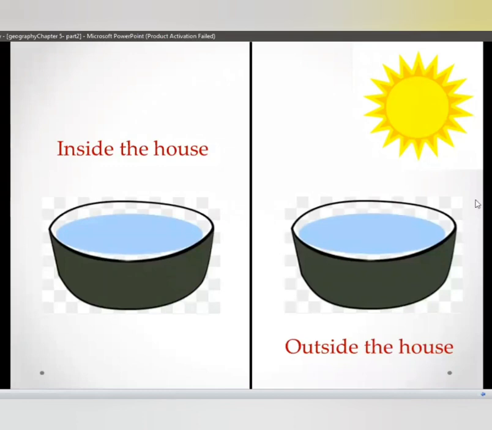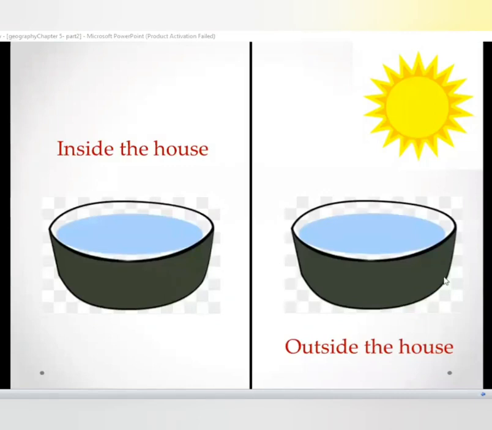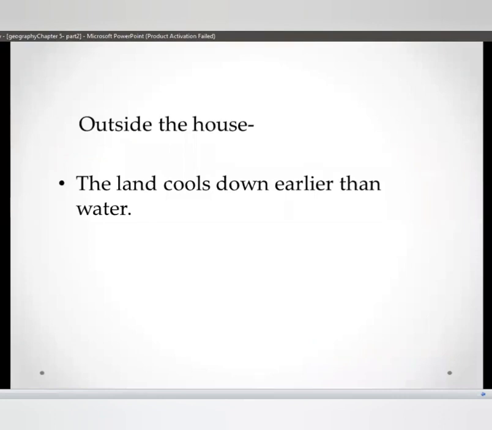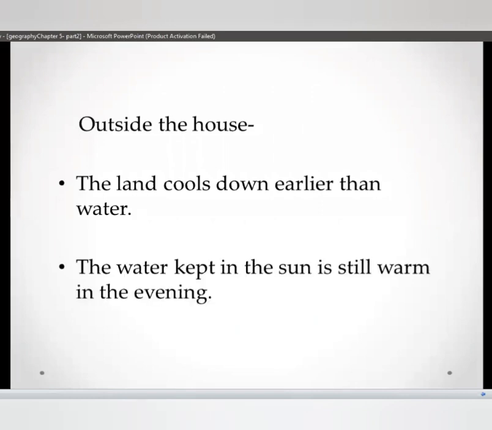By paying careful attention to this example, we get to know that outside the house, the land cools down earlier than water. मतलब घर के बाहर जो पानी का बोर रखा था वहां पे तुम लोग ऑब्जर्व करोगे कि इन द इवनिंग द लैंड will be cooler fast than the water, whereas the water kept in sun is still warm in the evening.